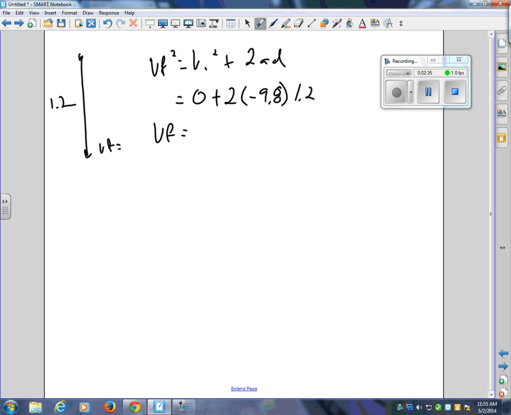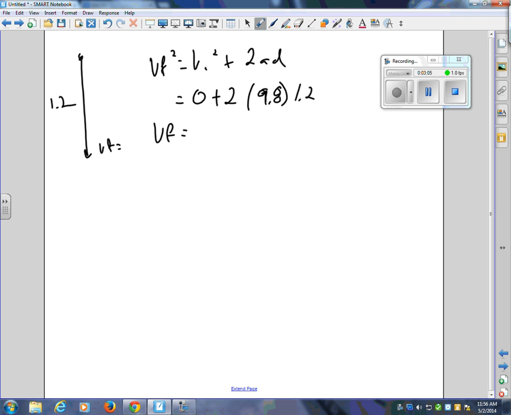So that's going to be 2 times 9.8 times 1.2 equals, and the square root of that. Now this is minus. Does that have to be minus? It can't be, because you're not going to be able to do the square root, right? It only has to be minus when there's an up and down, and in this case, I just need to know how fast it is going. If it's negative 9.8 and a negative 1.2, then it would work.